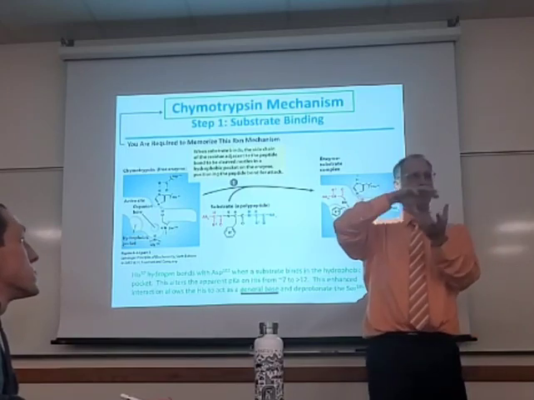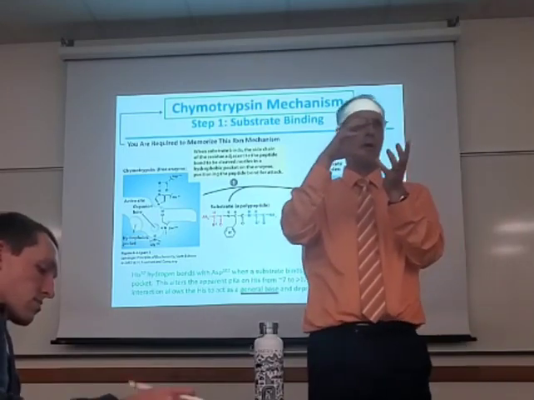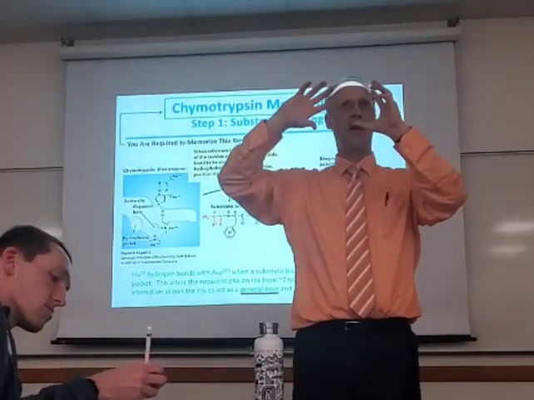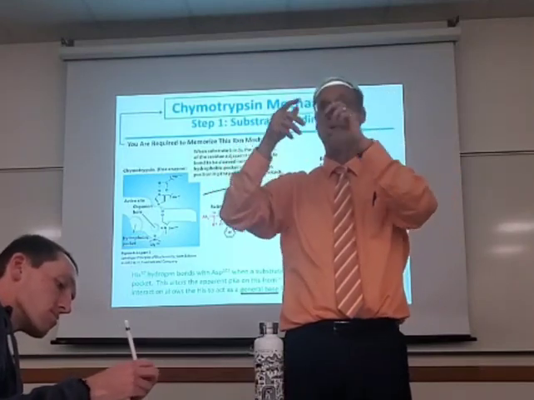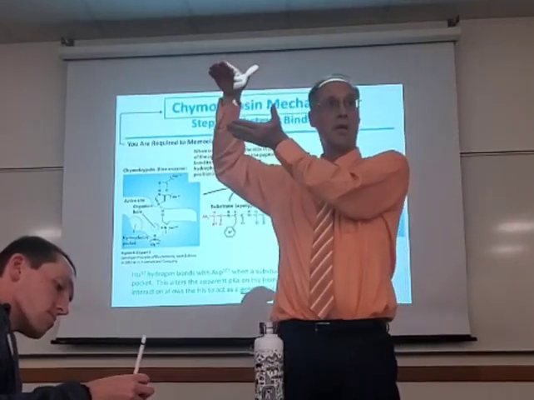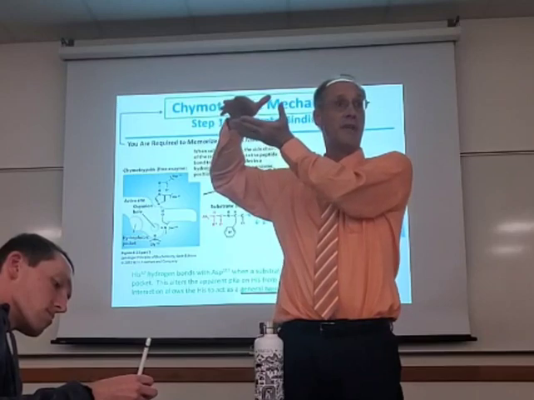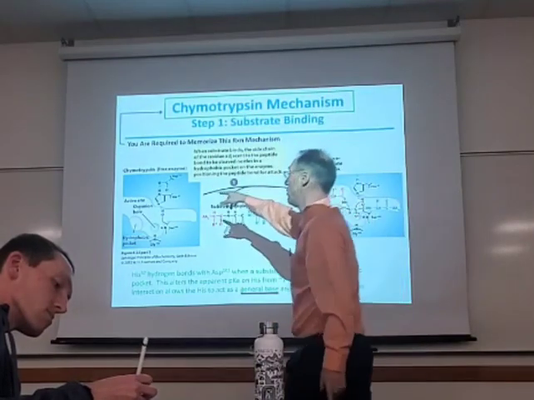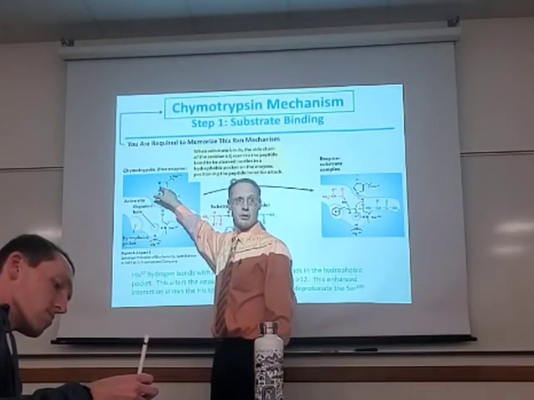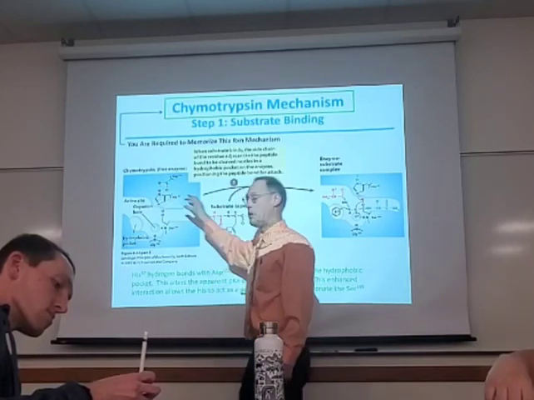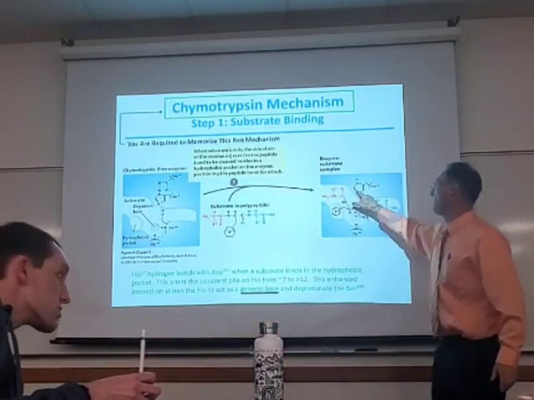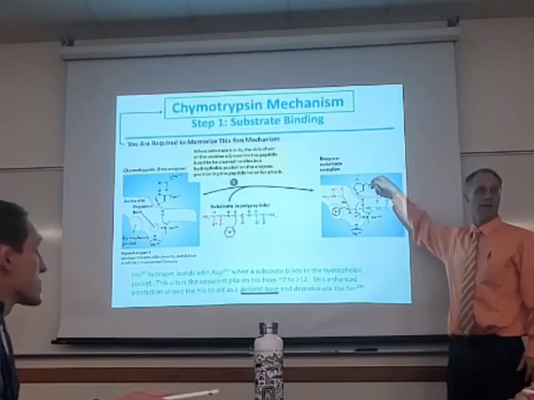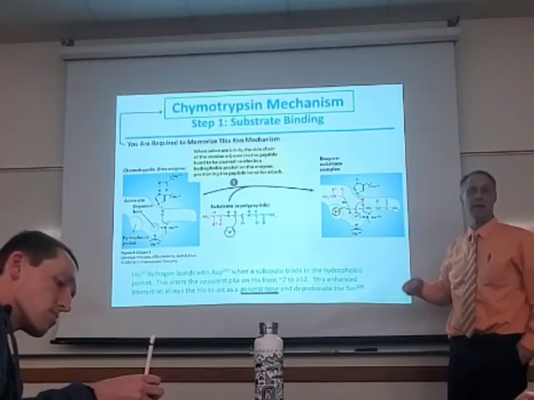So binding of the substrate's aromatic amino acid causes a conformational change, which pushes the histidine and aspartate close enough together that the hydrogen bonding event occurs, which changes the pKa on this nitrogen right here, causing it to attack the serine.